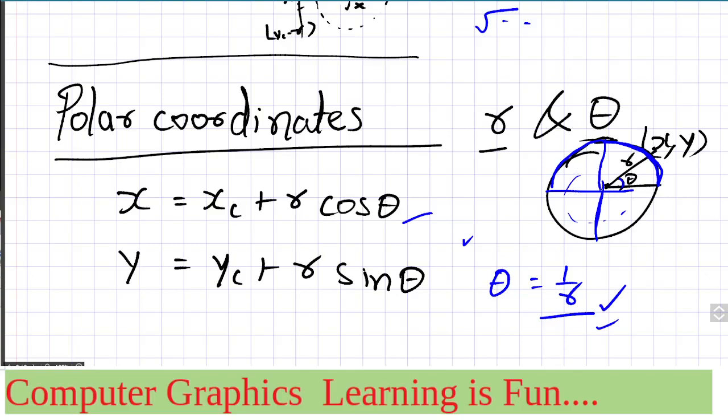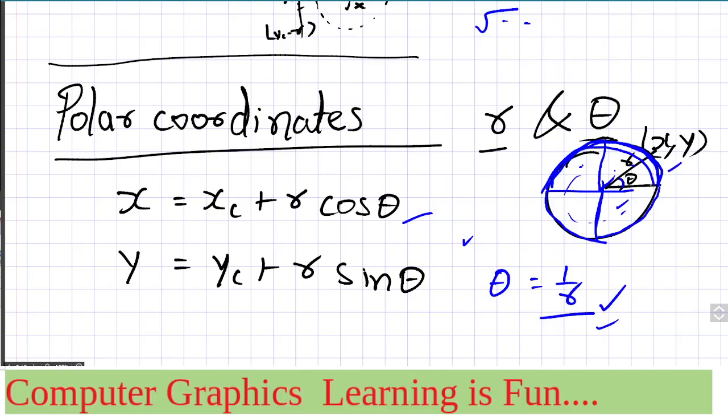Like here, the values will change and it will be just symmetric to this particular position. And once we have calculated the first and second quadrants, we can easily find the values of the circumference pixels using the symmetric values from here.